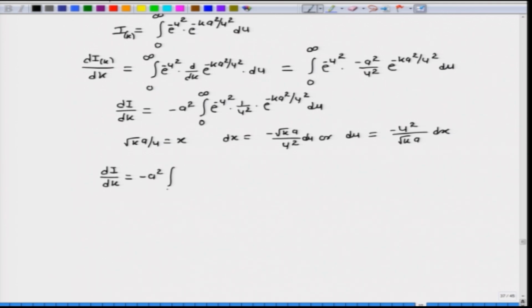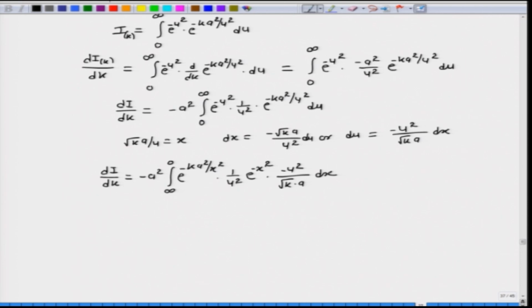So, these limits are reversed from infinity to 0, and e to power minus u square in this case will become e to power minus k a square by x square, times 1 over u square times e to power minus k a square by u square, which from this substitution becomes e to power minus x square.